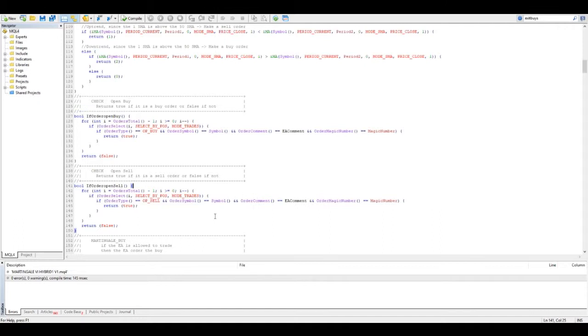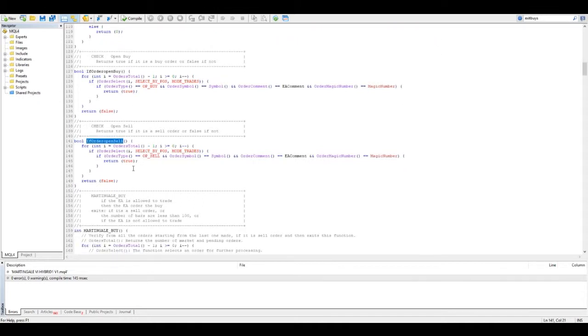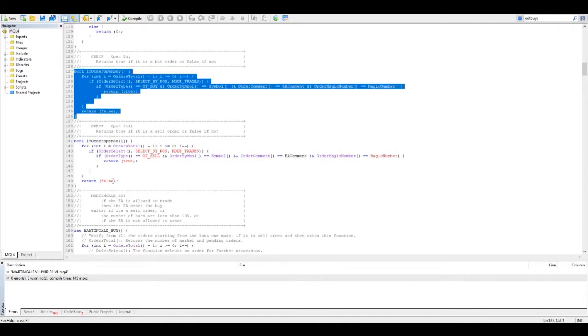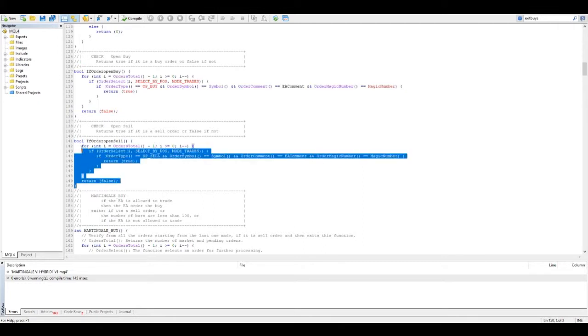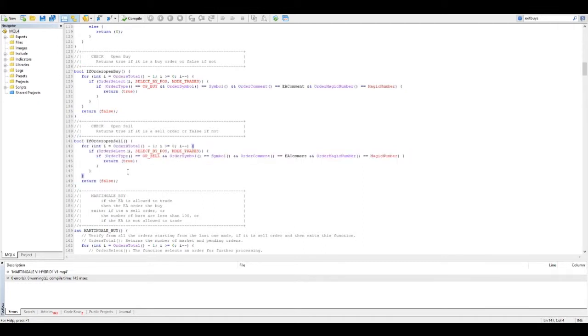So maybe it will be better, like the order open buy and order open sell. They have the same structure, as we can see, but there is only one difference, where this is an order type OP buy and this one is an OP sell.